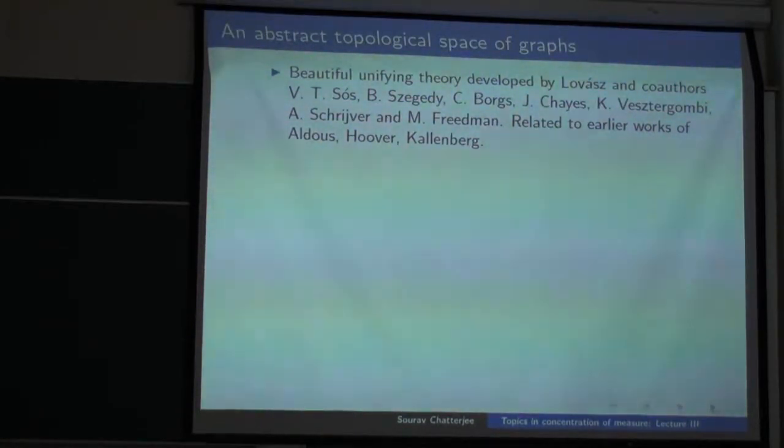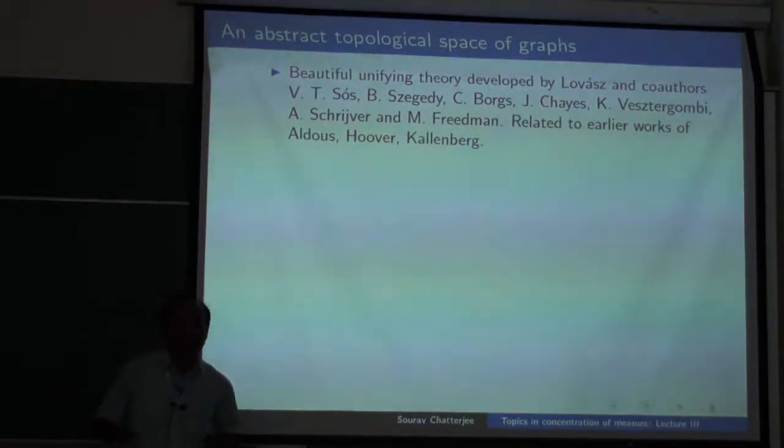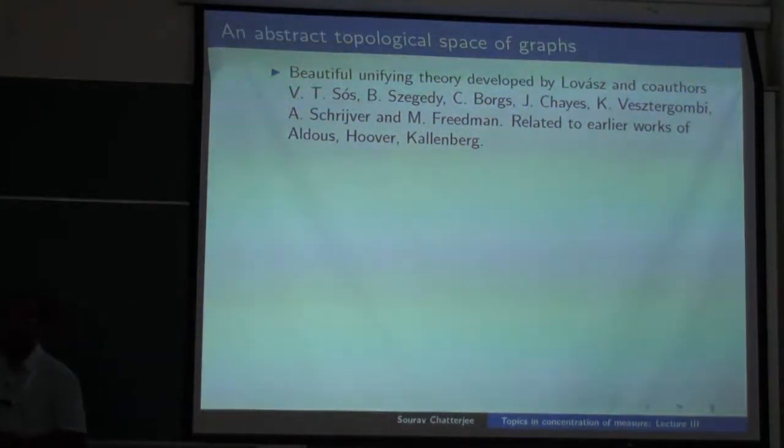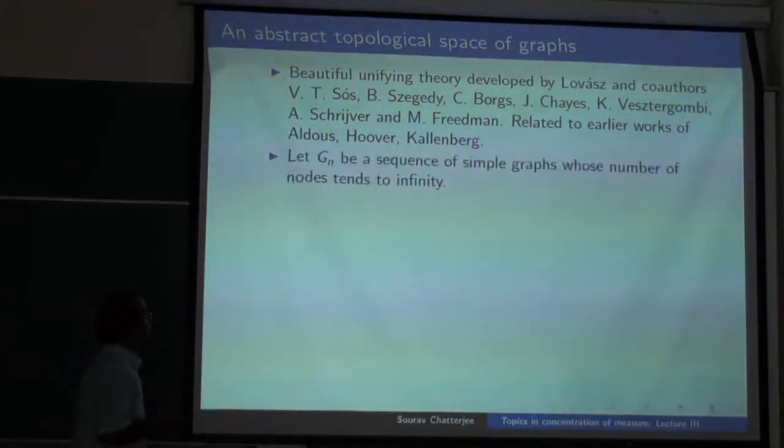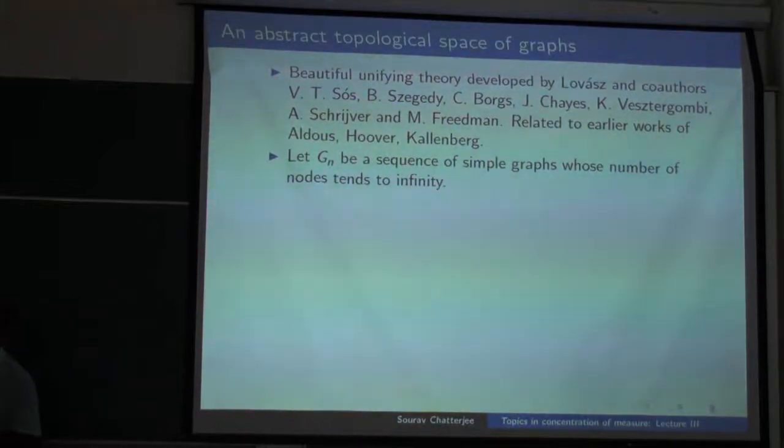So this theory will tell us exactly the question that we asked in the beginning: what is the metric or what space should we use? What kind of properties should we consider? The properties should be continuous with respect to some metric. Now, what is that? So let me describe in a few slides what this theory is, what the crux of the matter is.